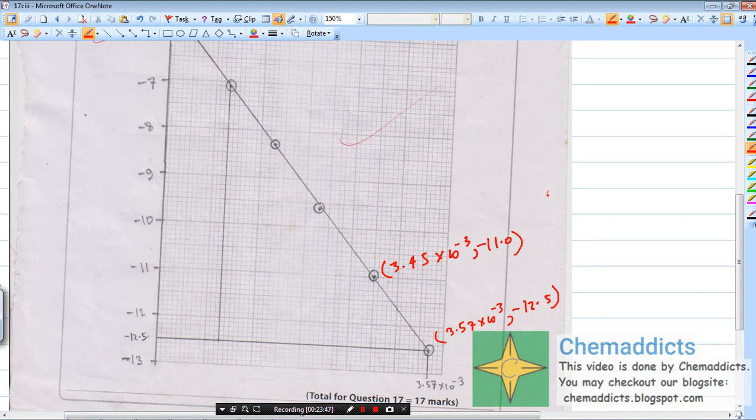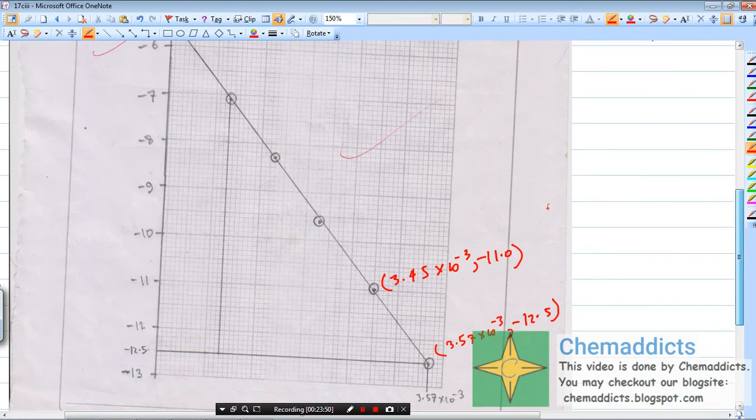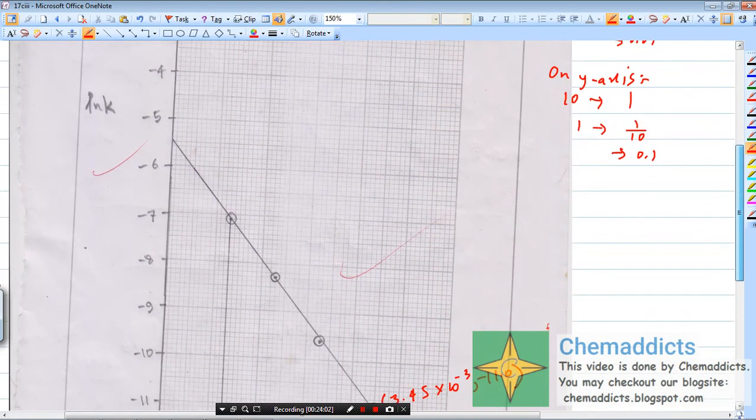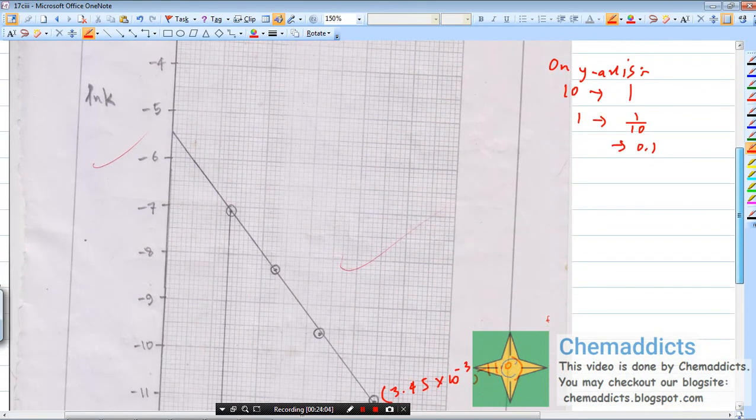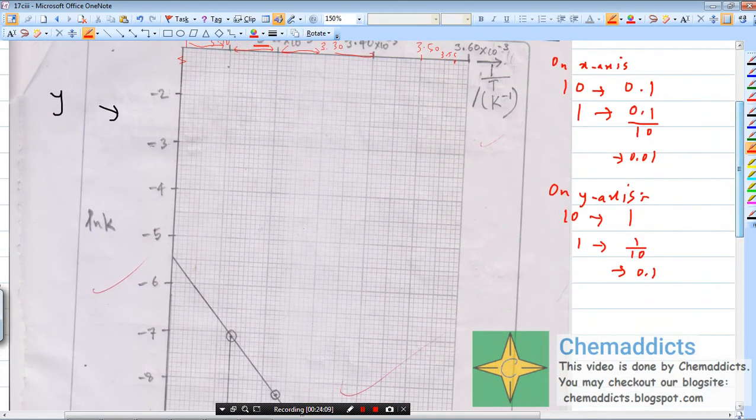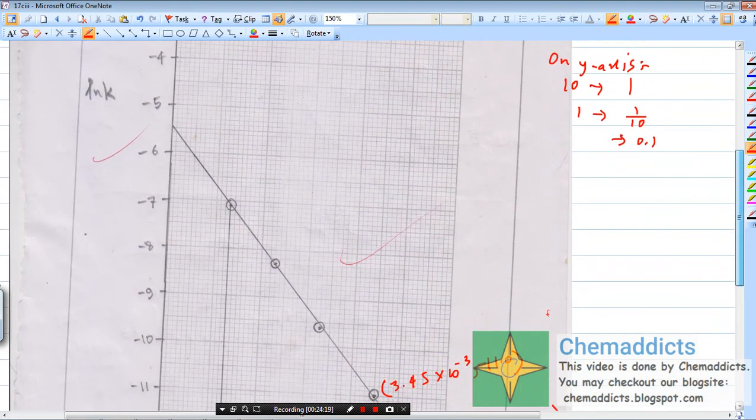Here we will take the point, and let us move on to the y-axis. On the y-axis the point is minus 11. So we have the point here, and let us move on to the x-axis and find the corresponding value, which is 3.45. So 3.45 is here. This is 3.40 and this is 3.50, so this should be 3.45. Yes, here it is 3.45.